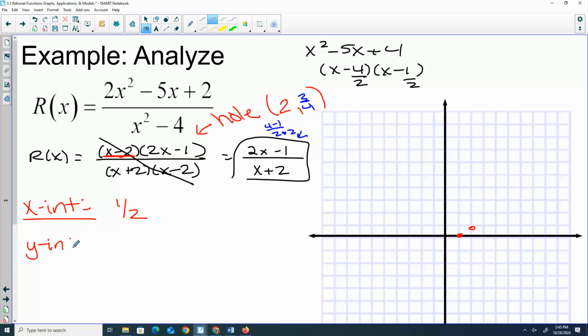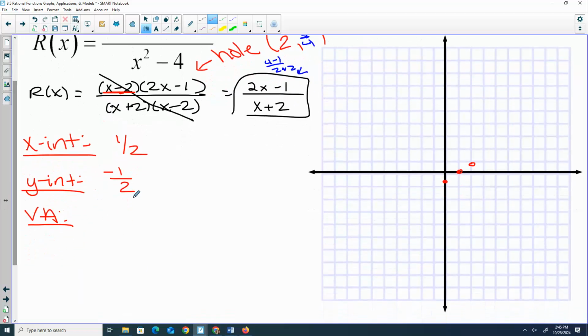Y-intercept, if you plug in 0 for all of your x's, you get -1 over 2, so -1/2. Vertical asymptote, what makes the bottom 0? -2.